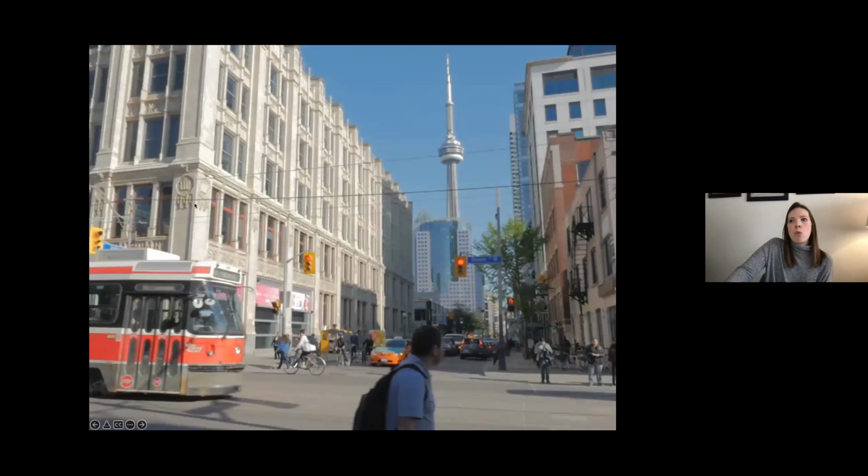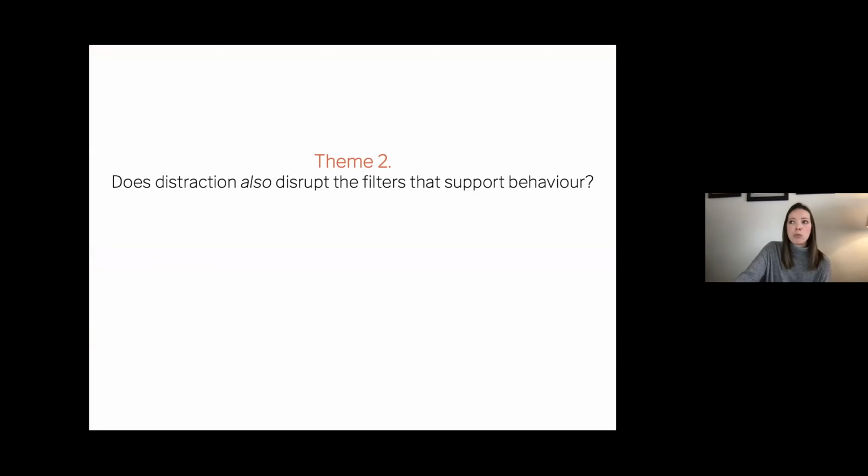But of course, there's more at play in a scene like this than just where your spatial attention is. We know that there are these filters that really underlie this sort of goal-driven behavior and decision-making. So what happens to these filters? Does distraction also disrupt these highly controlled filters that are in place to help support behavior?